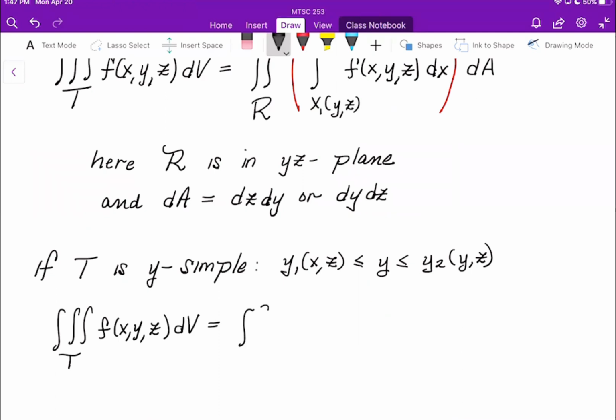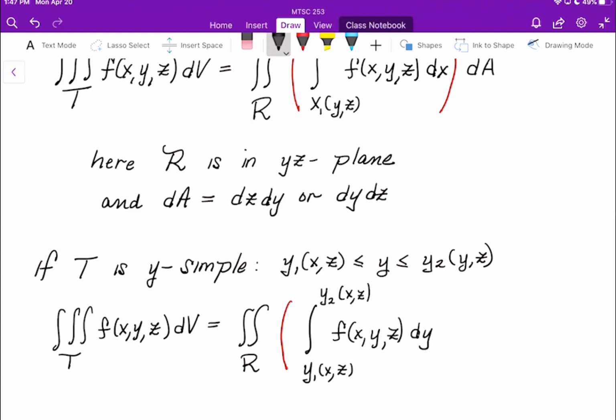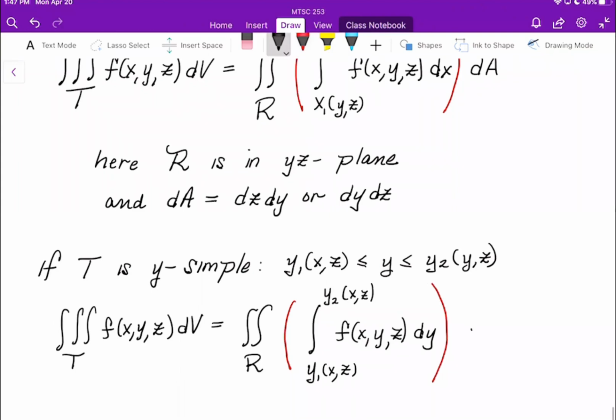It's going to be the double integral over R, times the integral from y1 of xz to y2 of xz of f of x, y, z dy dA.